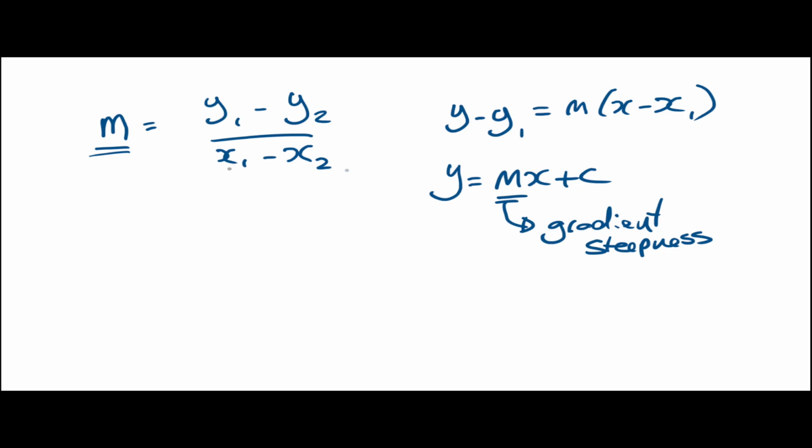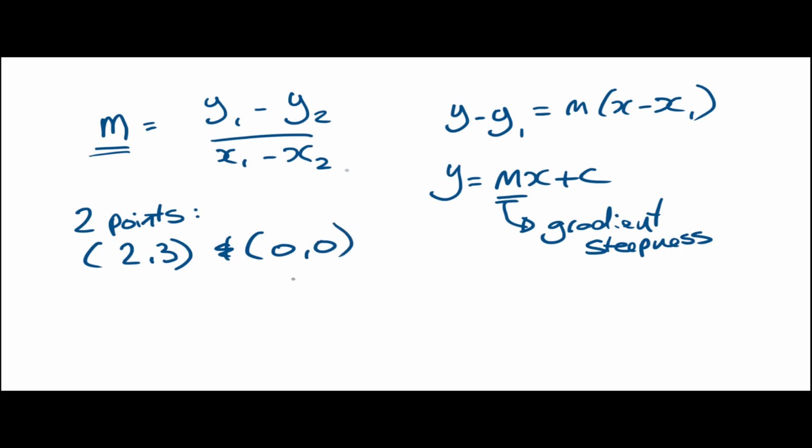Okay, what do these x1, x2, y1, y2 mean? Well, the best way to illustrate it is with an example. If we have 2 points, let's say 2, 3, and I'll make it easy, and 0, 0. And I want to draw a line that goes through both of them. What would be the equation of the line that goes through both of those points? Well, the first thing to do is to find the gradient of that line that goes between them.